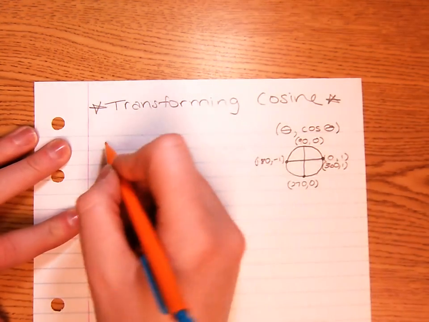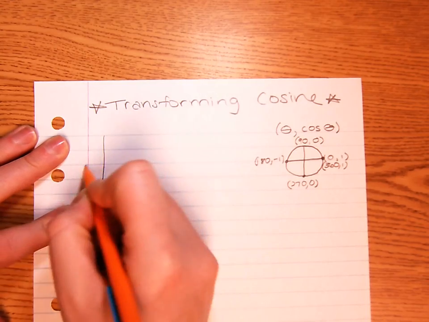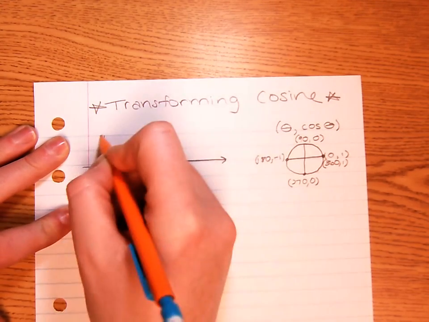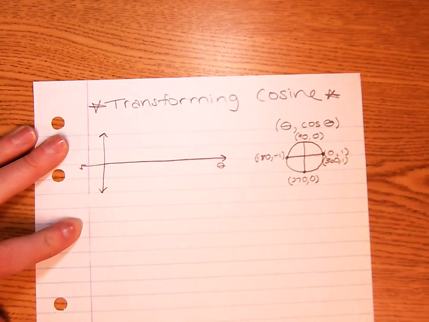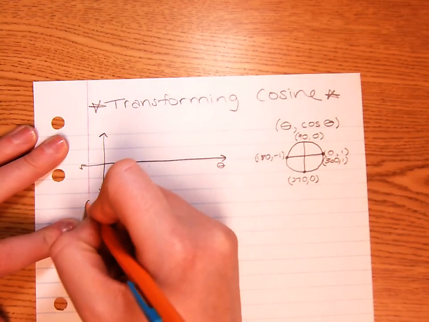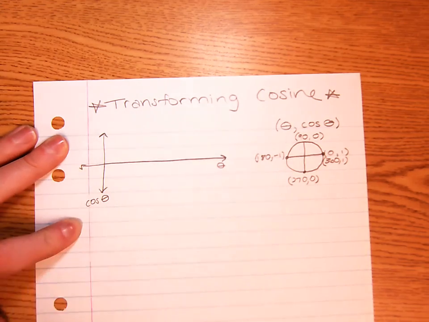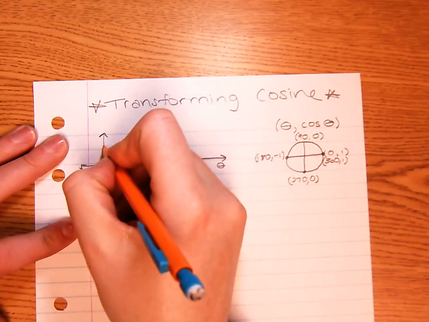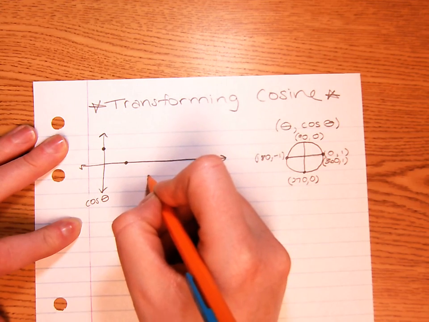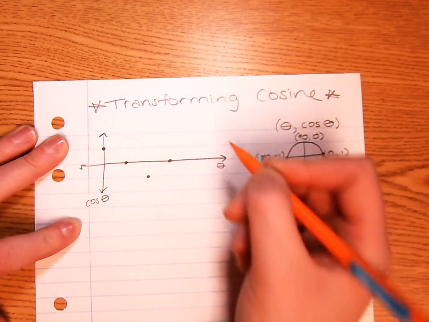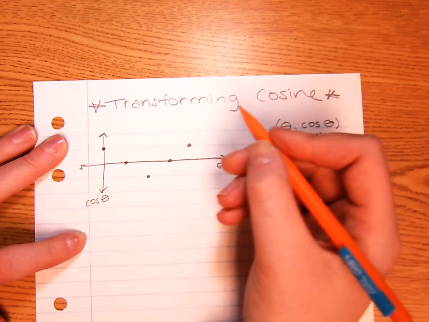So if we were to put this on a coordinate plane, theta is our independent variable for angle measure in degrees, and cosine of theta represents our y-axis. So here we have 0, 1, 90, 0, 180, negative 1, 270, 0, and 360, 1.